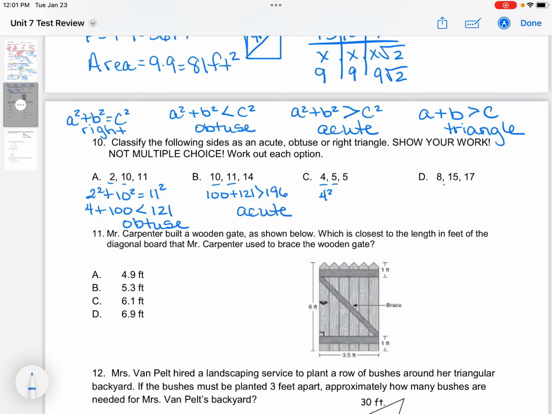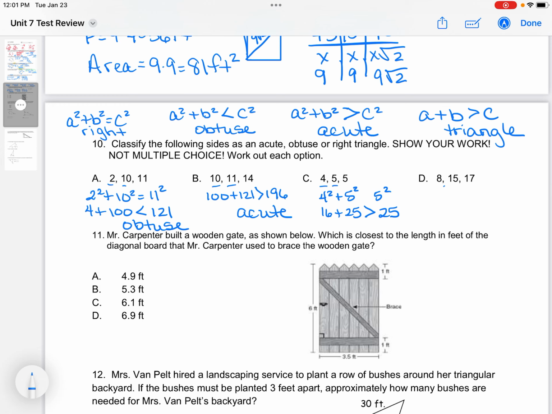This is isosceles, so 4 squared plus 5 squared and 5 squared. So I'm going to have 16 plus 25 is greater than 25. So that is acute. And hopefully the last one's going to be a right angle.